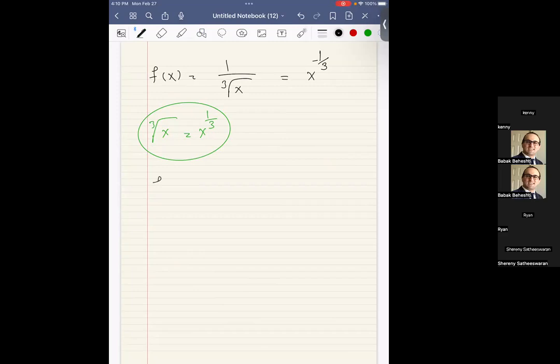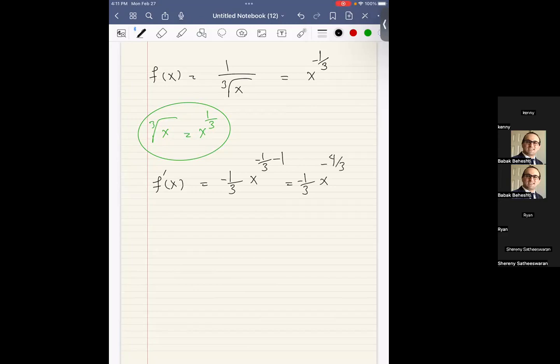So what is the derivative? The derivative f prime is going to be minus 1 over 3 times x to the power minus 1 over 3 minus 1, which is equal to minus 1 over 3 x to the power minus 4 over 3.